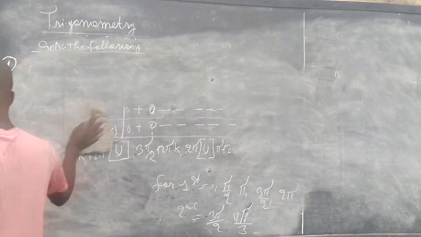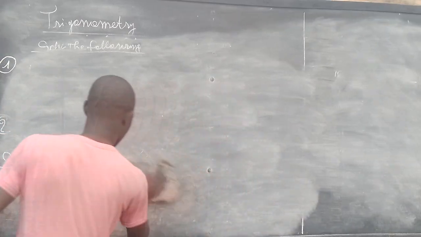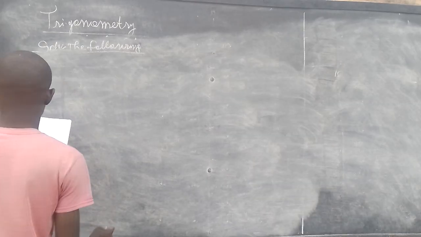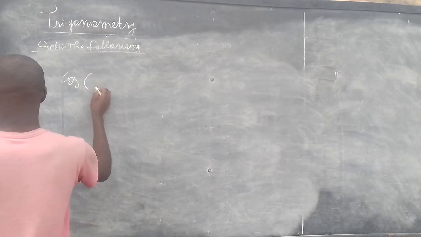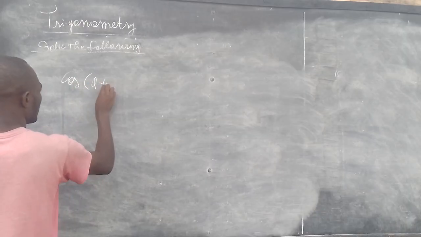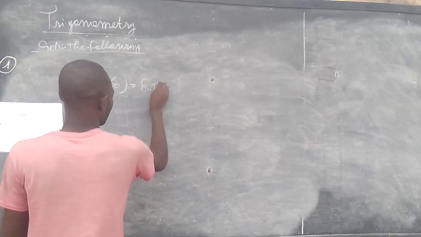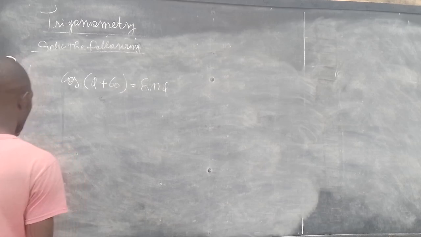On question 2, we have cosine of 5 plus 60, which is equal to sine 5. So let's go.